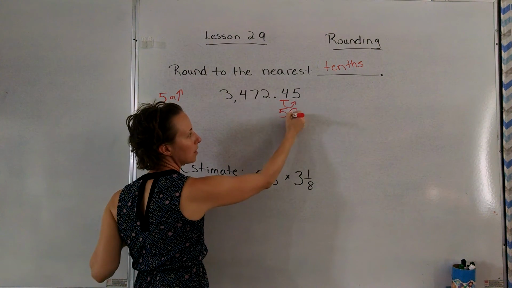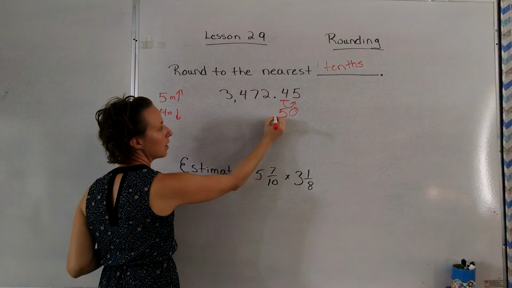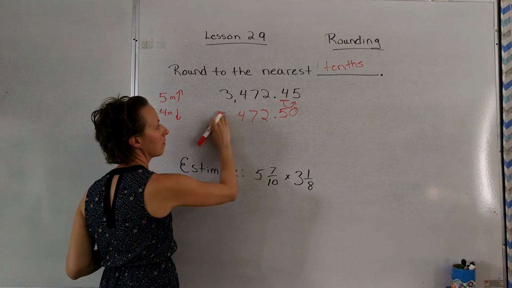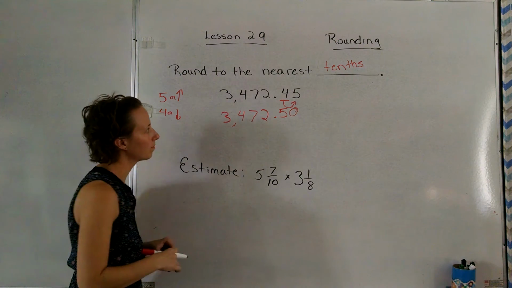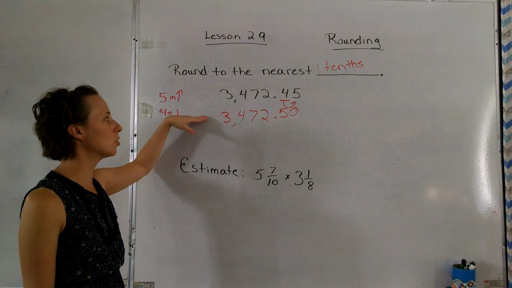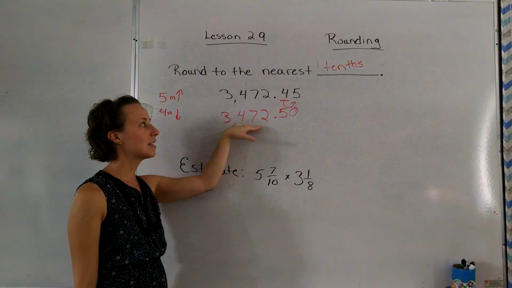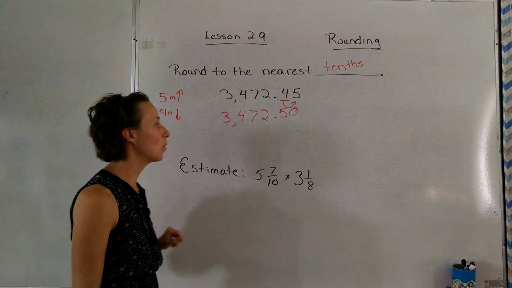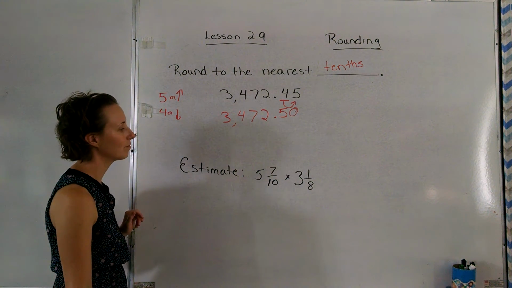Numbers to the right become zeros. Numbers to the left we keep. So 3,472 and 45 hundredths would round to 3,472 and 5 tenths or 50 hundredths. Either way you want to read it would be correct.